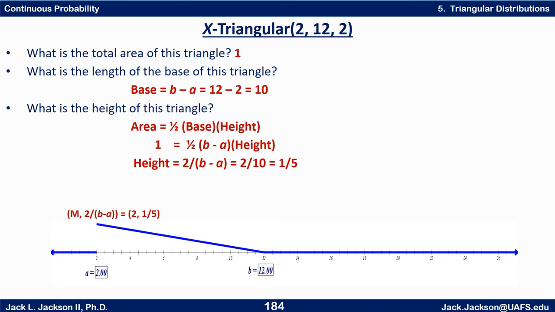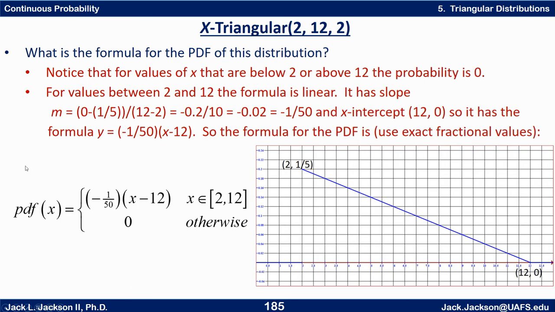We can use that to find our line. Okay, if you haven't done it already, stop this and figure out what the slope would be for that line. Remember, it's going to be a positive or negative number. Yeah, negative number, because this is decreasing. Okay, so notice what we have here is 2, 1/5, 12, 0. Just do the 2 points to find the slope.